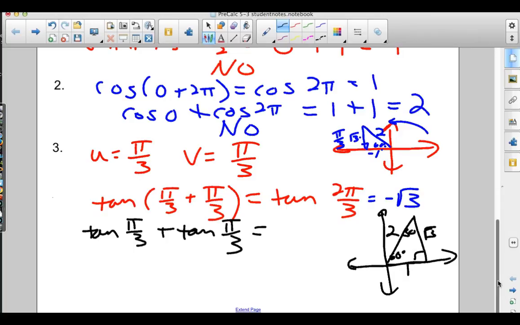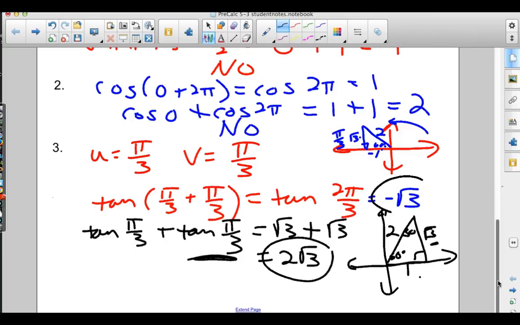And the tangent, opposite over adjacent, is going to be the square root of 3 over 1, which is the square root of 3. But now I have to do it again, because I've got another tangent of pi over 3. And that's going to give me 2 square roots of 3.